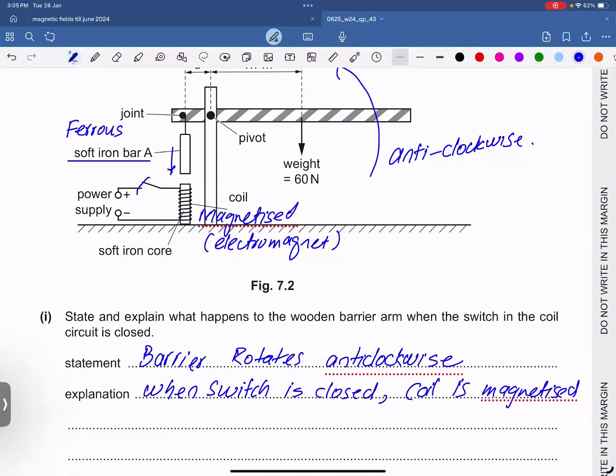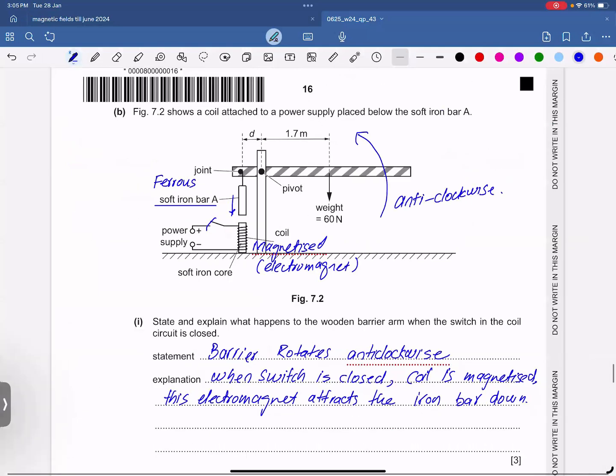Okay, it becomes an electromagnet, and this electromagnet attracts the iron bar down. So when it attracts downwards, it rotates anticlockwise. I hope you understood, my dear students. Let's move to the next question.